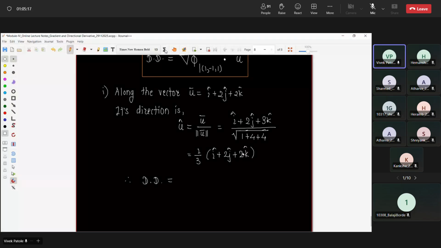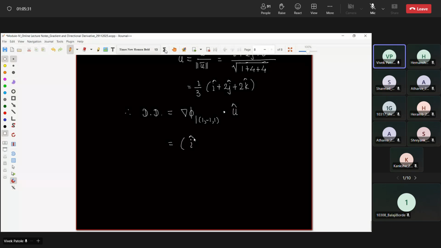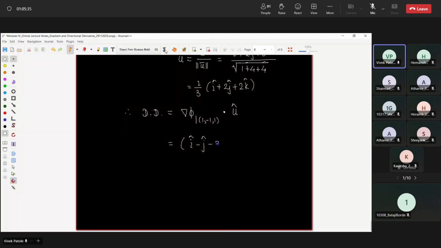Okay, so the directional derivative is equal to del phi at point (1, -1, 1) dot with u cap. For this particular case, it is i cap minus j cap minus 3k cap dot with 1 by 3 into i cap plus 2j cap plus 2k cap.